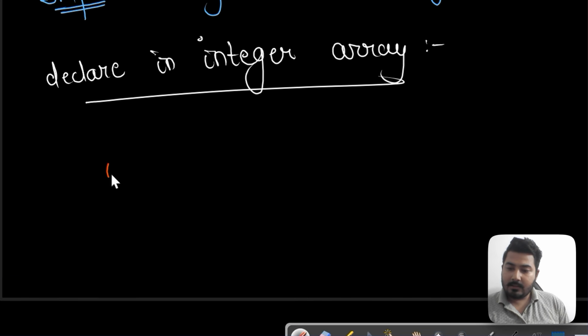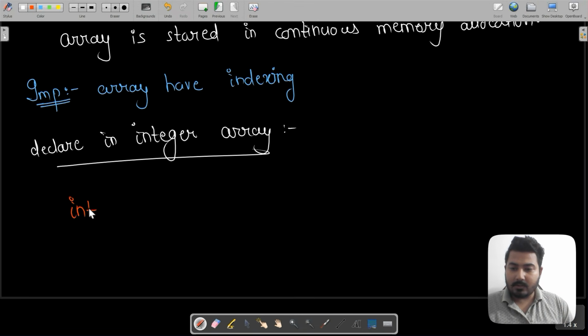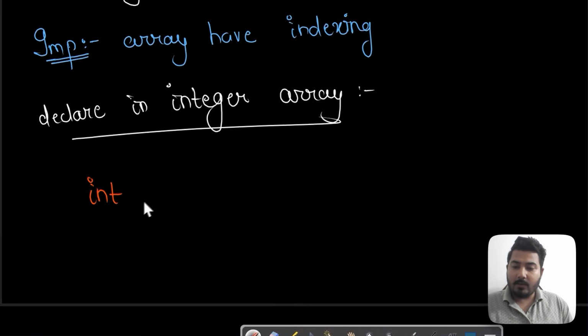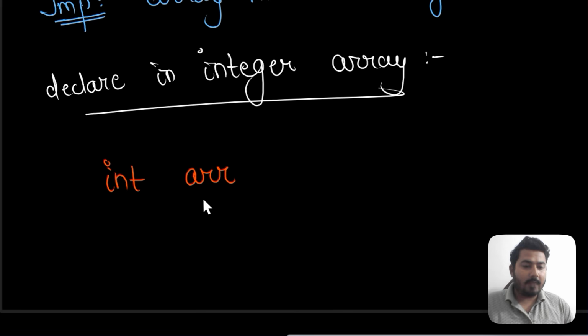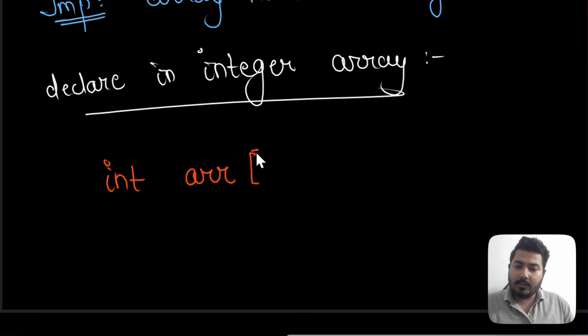That means int, that is your data type, and then you have your variable name. Let's just say ARR, I want to choose to call it ARR. And with the square brackets, inside the square brackets you have to mention the size of your array. Let's just say 5 only. I want to create an array of size 5.